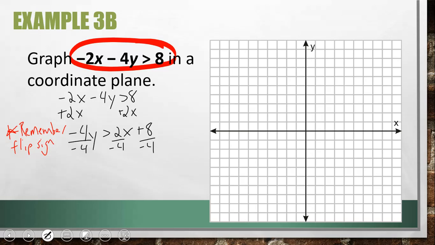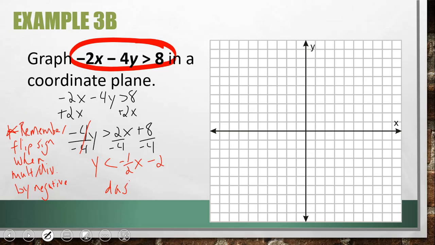So you have to flip the sign when multiplying or dividing by a negative. So here, we divided by a negative 4. I have to flip that inequality sign to a less than. Y is less than negative 1/2 x minus 2.